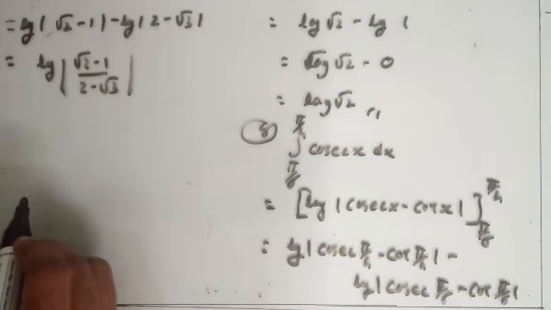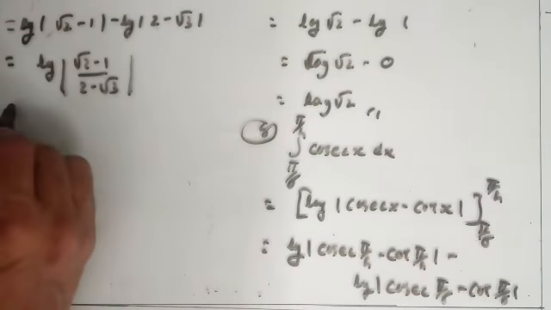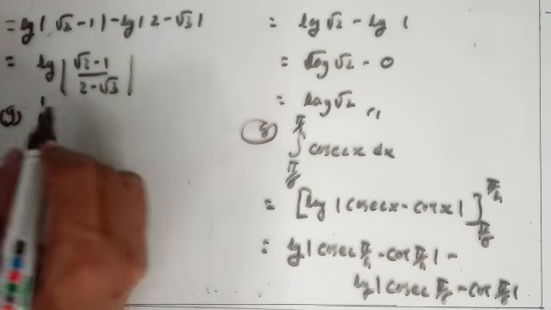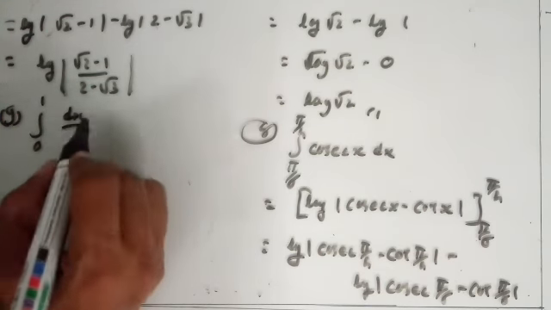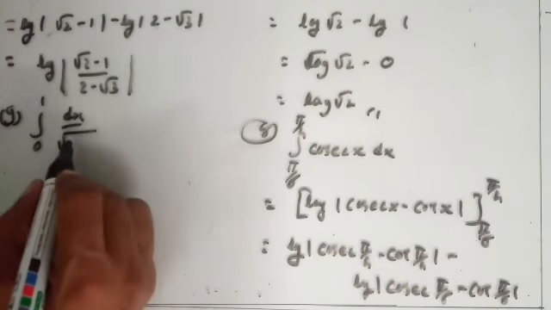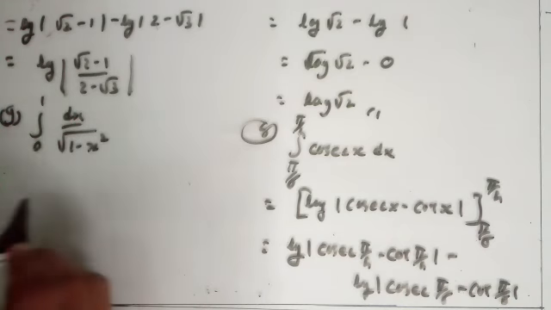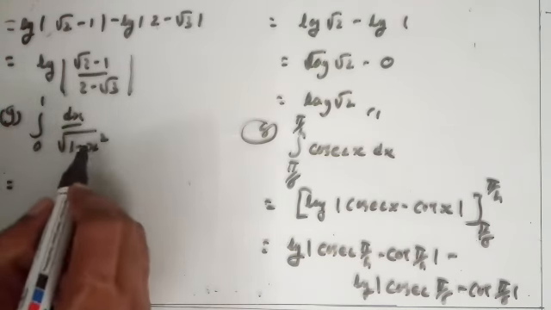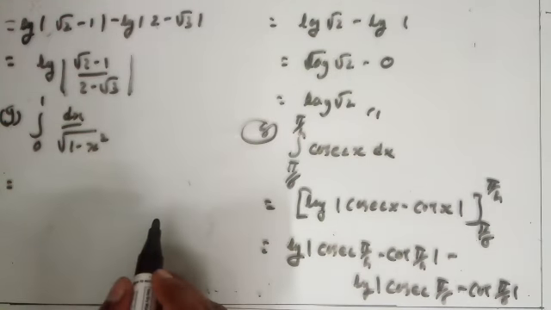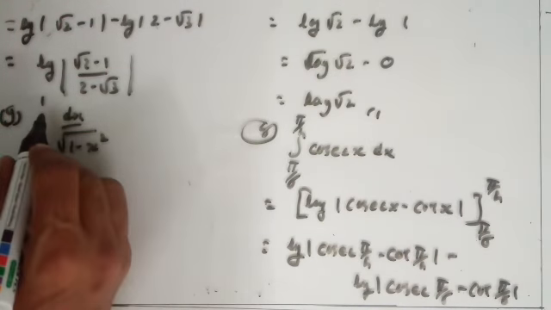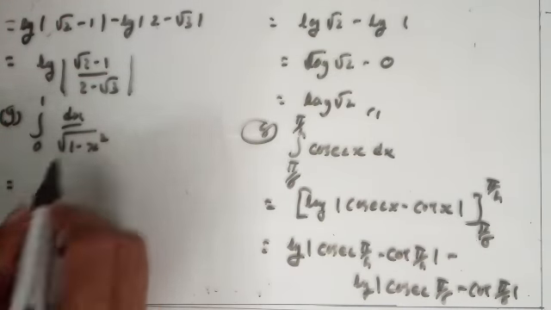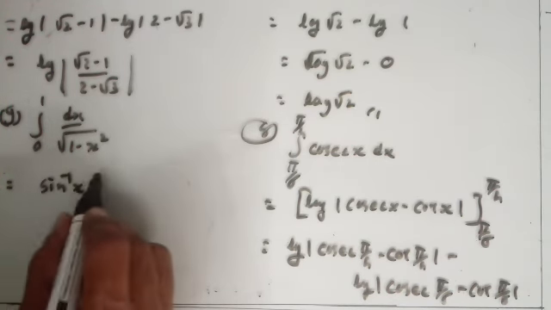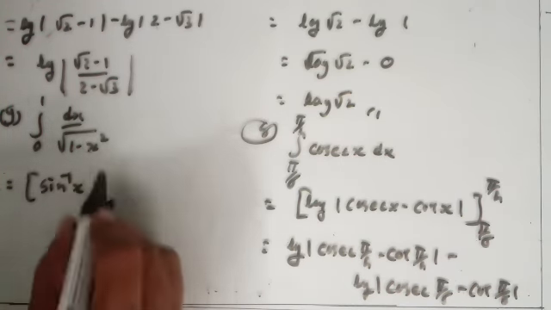Now next question number 9. Find the integration 0 to 1 dx upon root of 1 minus x square. We know that the integration of 1 upon root of a square minus x square is sin inverse x upon a. So the integration of 1 upon root of 1 minus x square becomes sin inverse x, and apply limit 0 to 1.